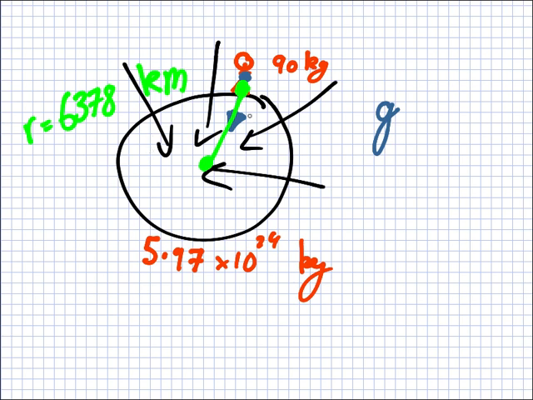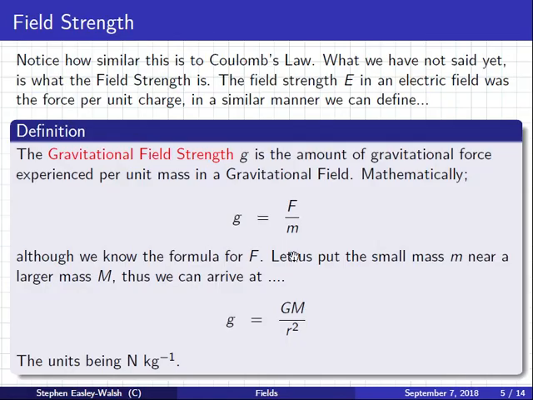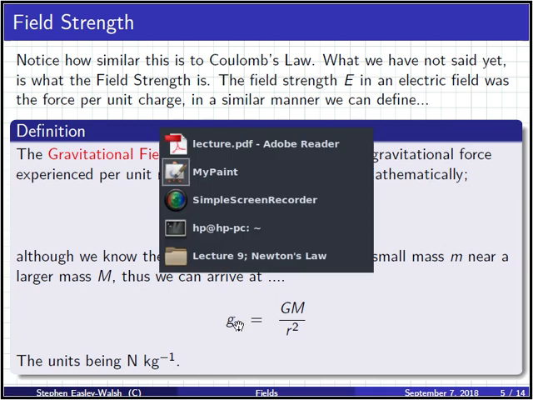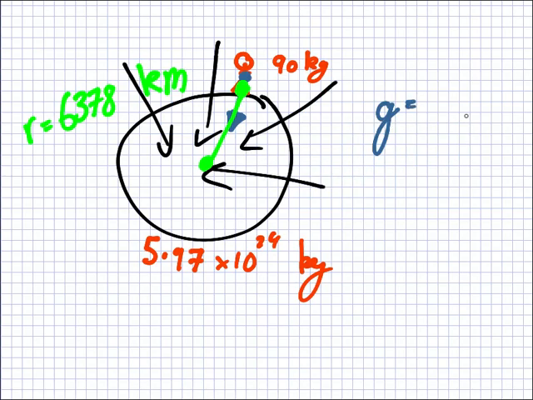Yeah. So my question is, what's the G? So you have to use this formula. You know the M, you know the R, so you can calculate the G, how strong the field is. And the unit will be in newtons per kilogram. What that means is how many newtons of force per kilogram.